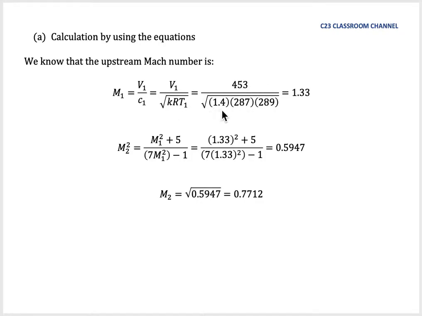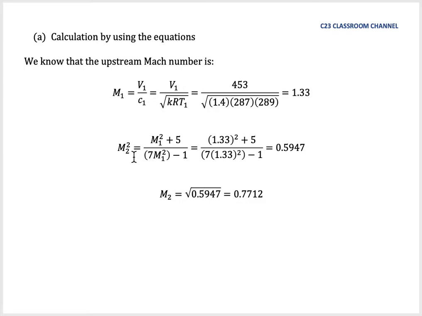The specific heat ratio of air is 1.4. The gas constant for air is 287, and we substitute the value of the temperature at point number 1 in Kelvin unit, which is 289 Kelvin. So we could get Mach number at point number 1, or Mach number before the shock wave, is 1.33.